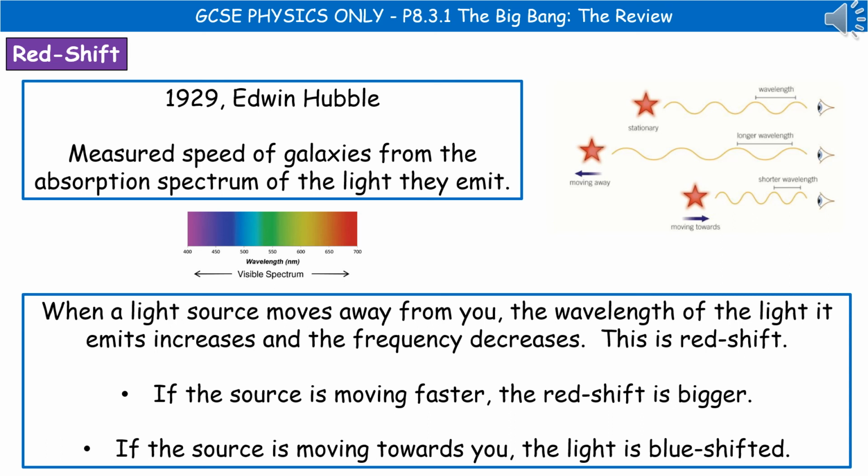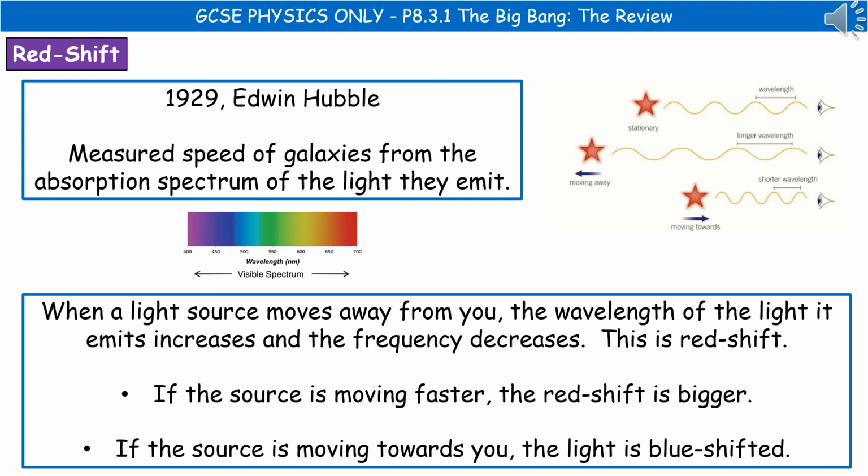And when a light source is moving away from you, then the wavelength of the light that it emits will increase and the frequency will decrease, because where we increase the wavelength, the frequency will decrease. And this is the principle of redshift. So what we're seeing is that these galaxies that Hubble was looking at were moving away from us, so that the light they were emitting was being moved to the red end of the spectrum.